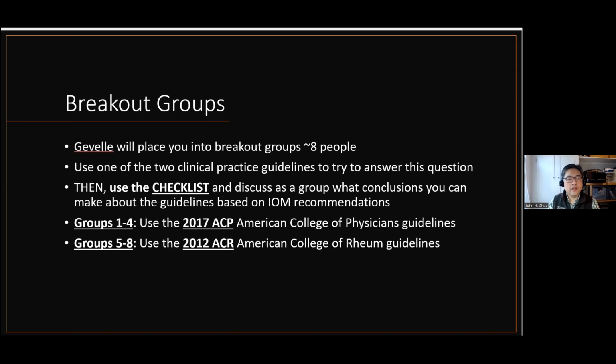We'll give you a second to orient, but the groups will be groups of 8, so there'll be 4 groups and 4 groups. Groups 1 through 4 will be reading the 2017 ACP guidelines. So it's the first one that Sarah's put up there. Groups 5 through 8 are going to be reading the 2012 American College of Rheumatology guidelines.